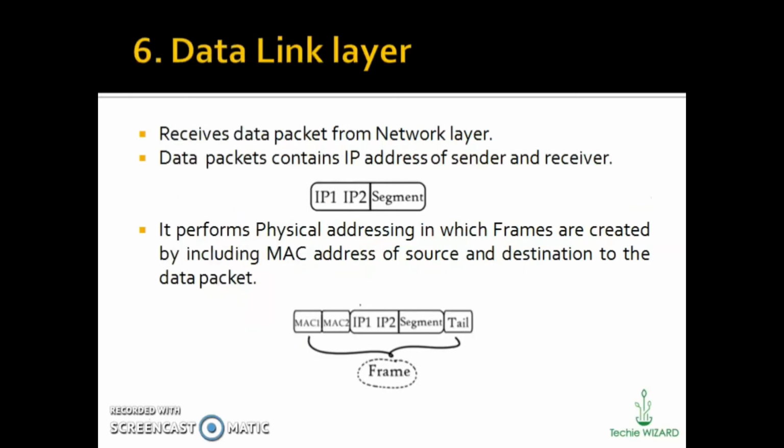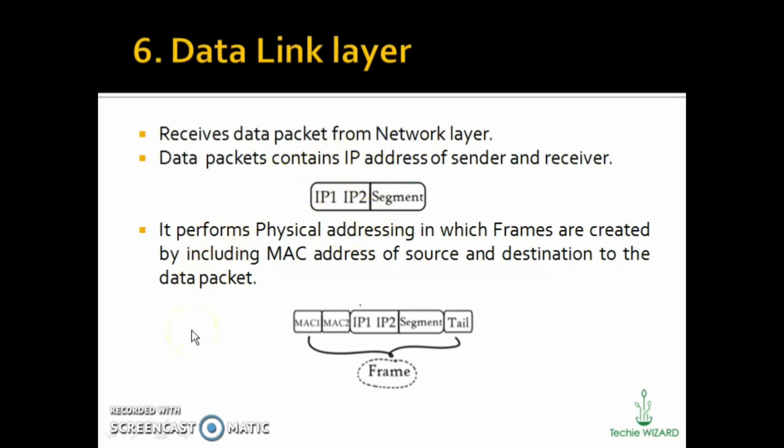The next, sixth layer of the OSI model, is the data link layer. It receives data packets from the network layer, and the data packets contain the IP addresses of the receiver and the sender. So the segment is attached with the IP addresses of the sender and the receiver like this.